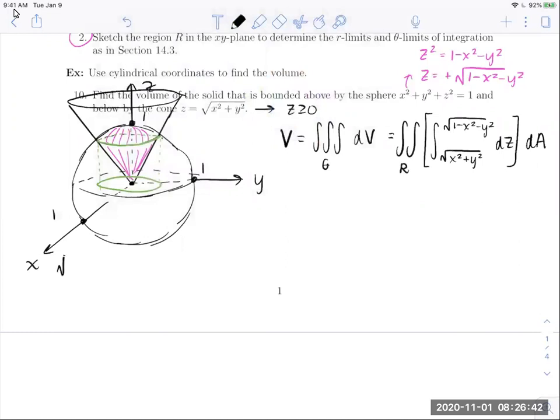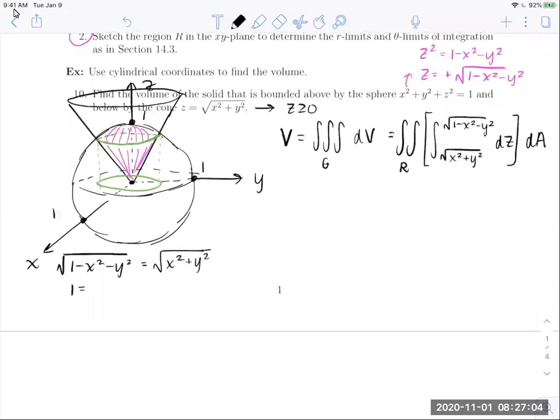So here's my sphere, the square root of 1 minus x squared minus y squared. And here is my cone. And then I just like to solve this. If I square both sides and add the negative x squared and negative y squared over, I get 1 equals 2x squared plus 2y squared. And so finally I get x squared plus y squared equals 1/2.